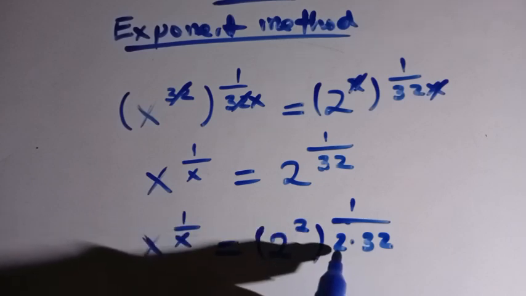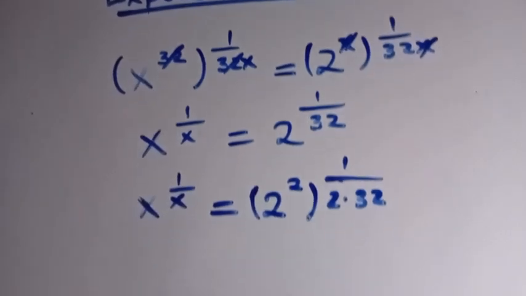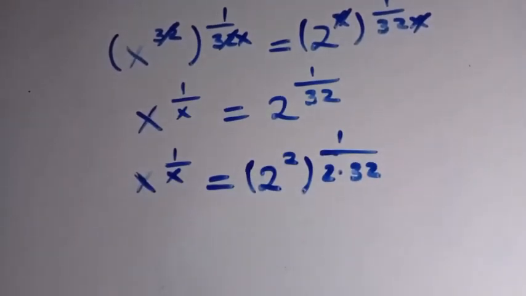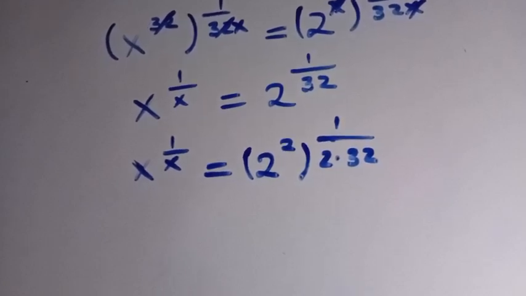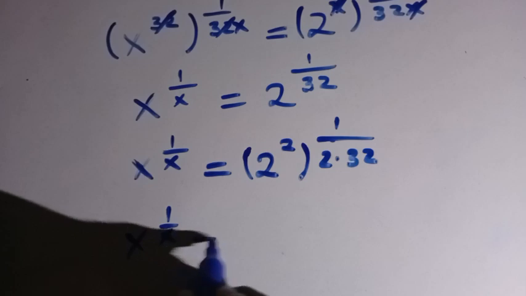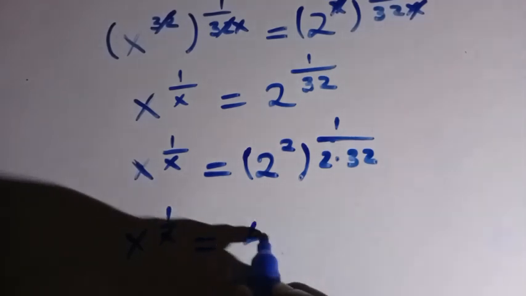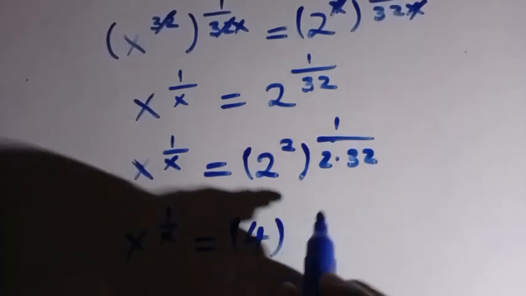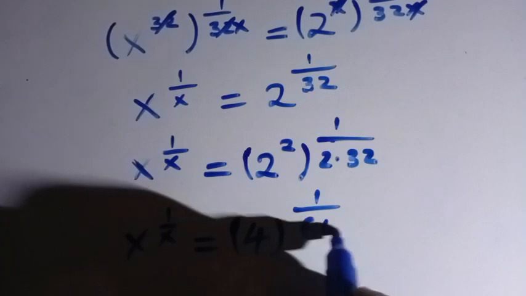When 2 cancels 2, we still have 2 raised to the power 1 over 32. Then we have x raised to the power of 1 over x equals 2 raised to the power 2, that is 4, then everything raised to the power 1 over 64.